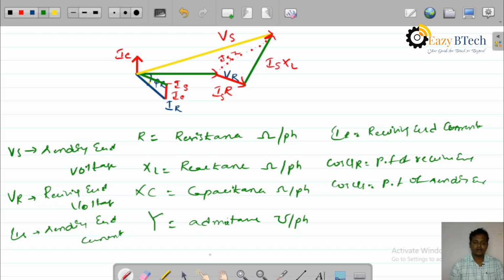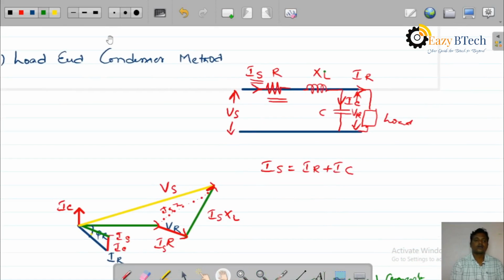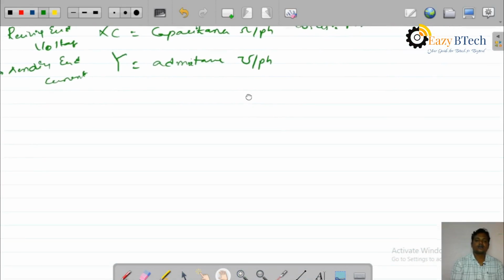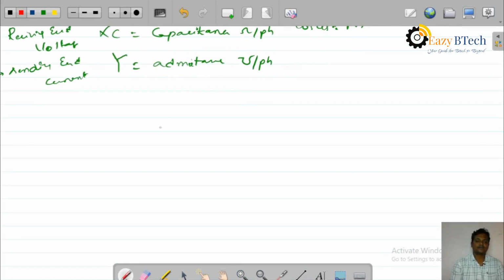Now I will apply KCL here. Is equals IC plus IR. So we have to take the current. The Is vector equals the IR vector plus the IC vector.